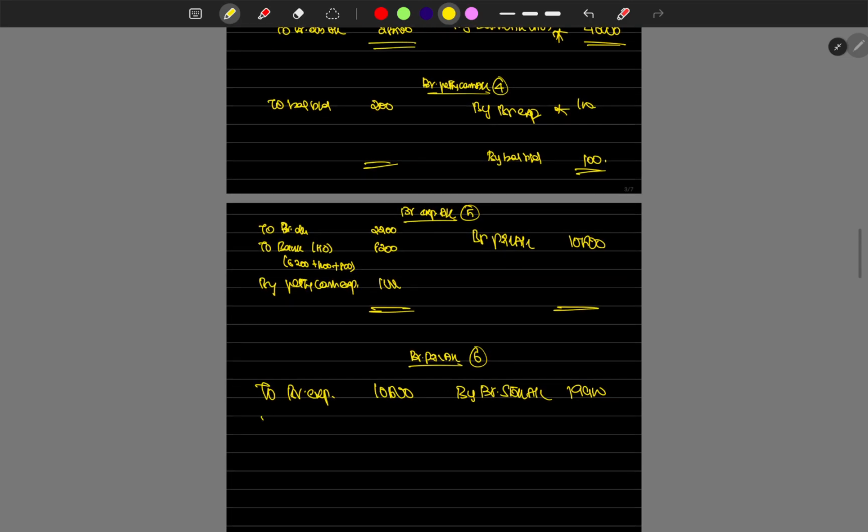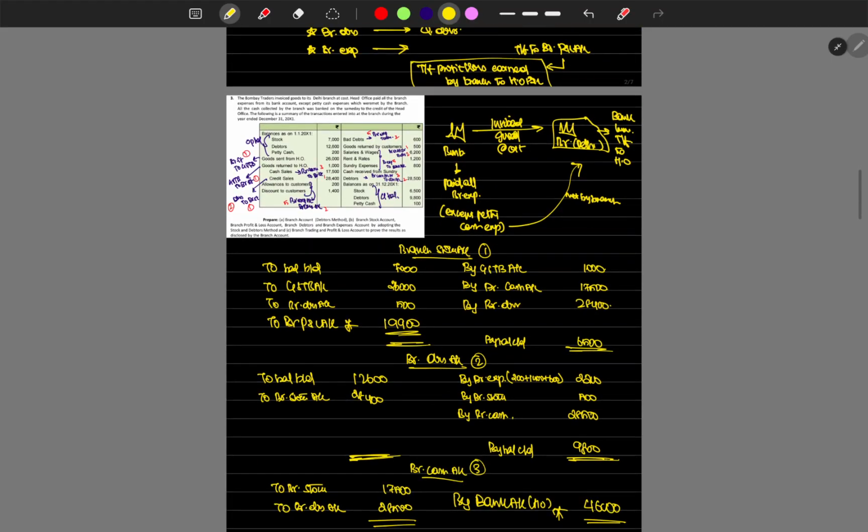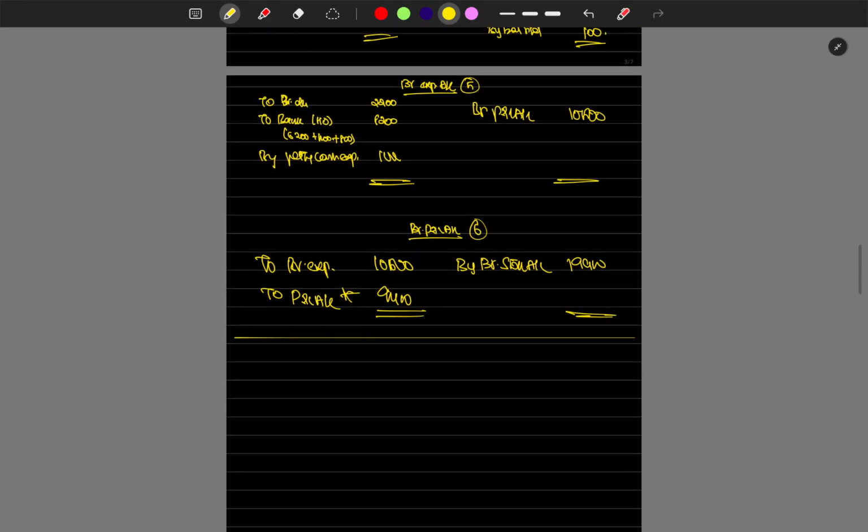Okay, to balance carried down, which is 9,400, the net profit, which goes to the P&L account of HO books. Okay, that's it. Right? Very easy problem only, not a very tough thing.